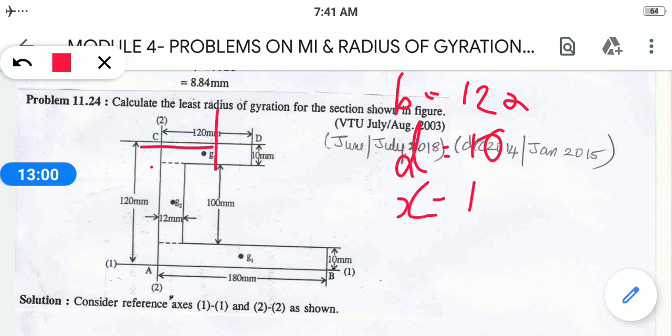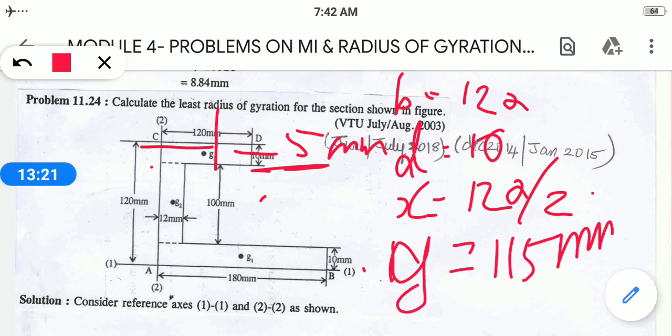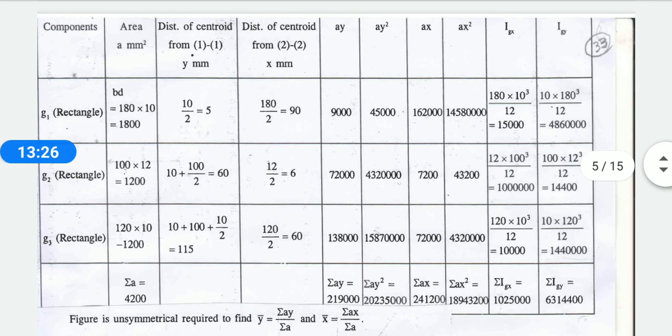So x is equal to 120 divided by 2 and y will be equal to 10 divided by 2, which is 5 mm, and from the bottom it will be equal to 100 plus 10, which is 110 plus 5, so 115 mm. So your y will be equal to 115 mm. That is what they had mentioned here in this diagram.